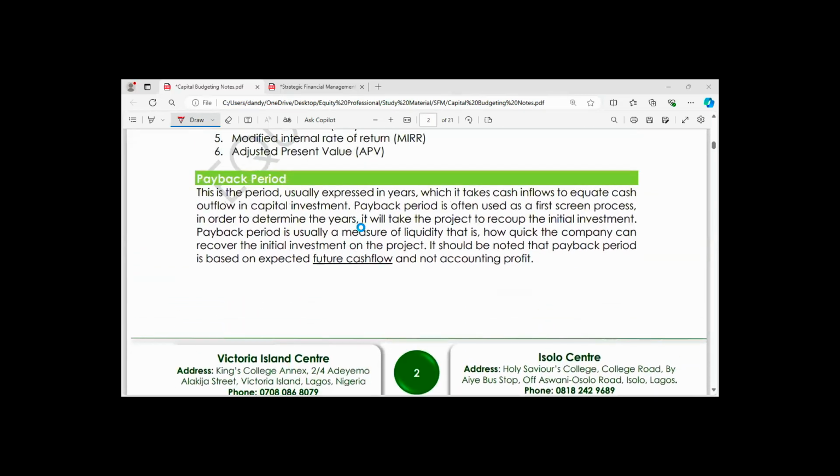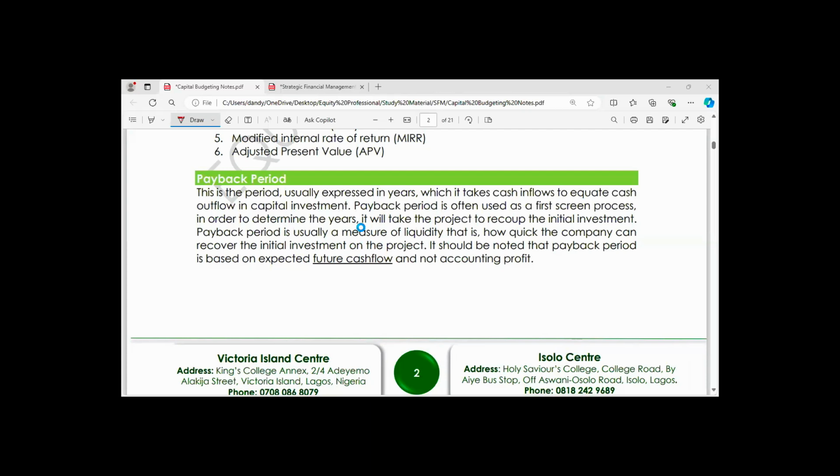Now, remember last week, I explained that the non-discounted cash flow method, also known as traditional method of project evaluation, represents a method that does not consider the timing of cash flow and the time value of money. And the two techniques under the non-discounted cash flow method include: one, the payback period, then two, accounting rate of return. All this you have done at the lower level, but I need you to assume zero knowledge as if you have not done it before.